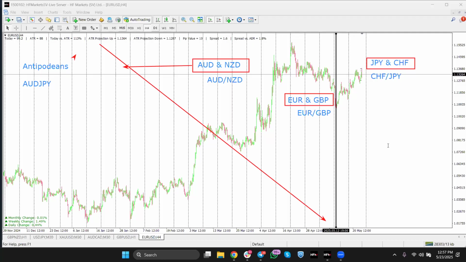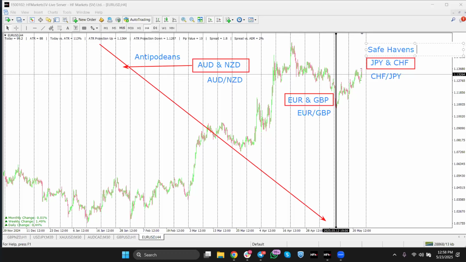Now, AUD and NZD as antipodeans, highly risky and whatnot. So let me just change my approach here. Let's make it a little bit more interesting. Antipodeans. This one is safe havens, very safe, not highly risky, very strong economies as the case may be. Not even just strong economies, but safe economies. So they're safe havens by nature.